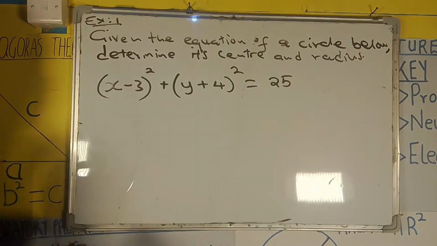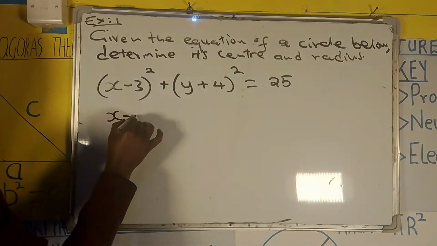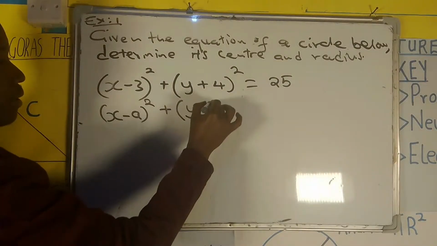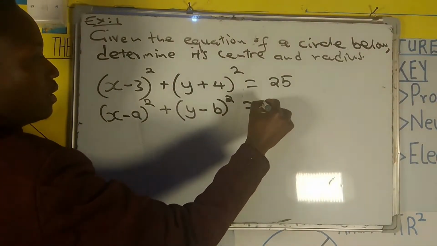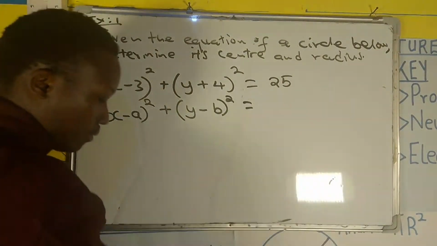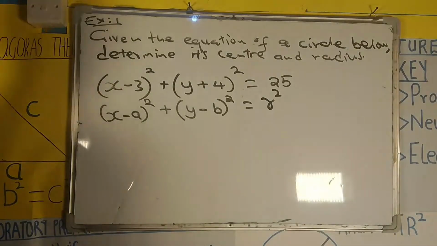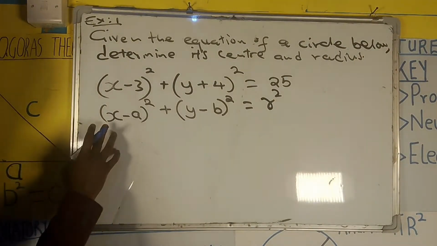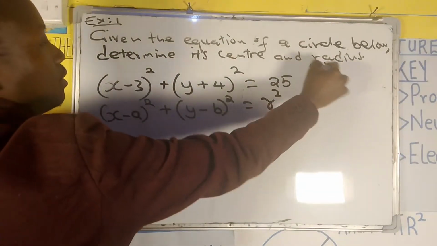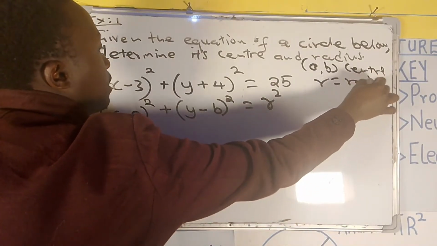So we have said that the general equation of a circle is given as x minus a squared plus y minus b squared is equal to r squared. What does that mean? It means that you see hii inafanana na hii, zimejipanga the same, na tumesema AB is the center and R is the radius.